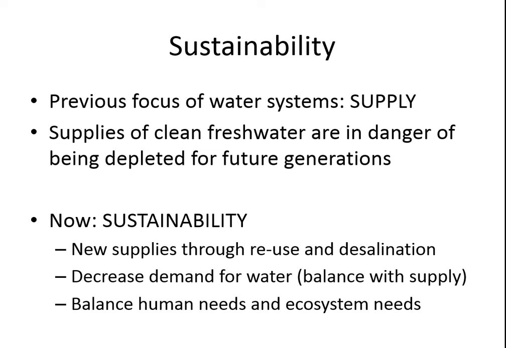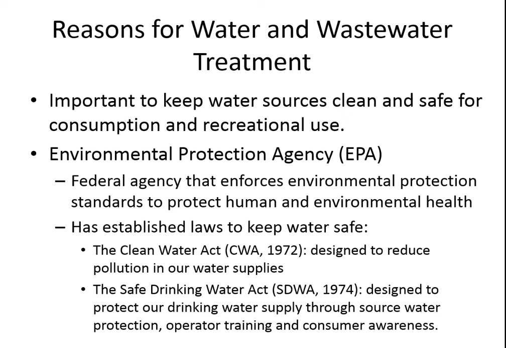And there are two really big laws related to water. The first is the Clean Water Act, which was designated as the Clean Water Act in 1972. It was in place before that, had a different name, and was amended and took its more modern form in 1972. But it was designed to reduce pollution in our water supply. So this is a set of regulations and laws relating to what we're actually allowed to add to our water supplies.